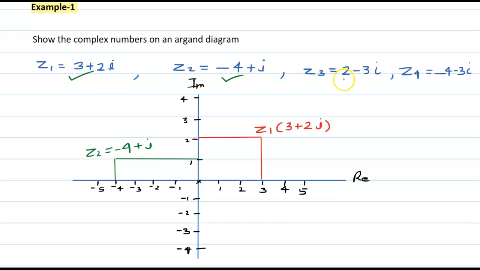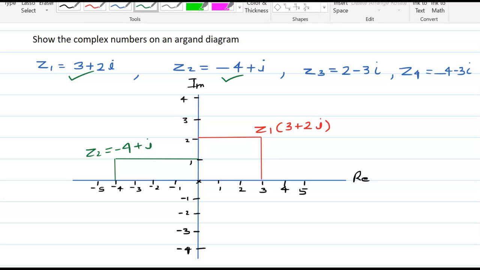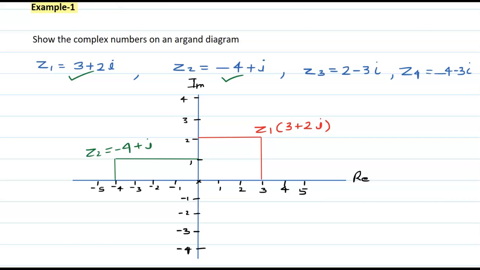Now we need to see z3 equal to 2 minus 3i. So 2 steps here and then minus 3, so you go down 3. So 2 forward and 3 down. We start from here, 2 steps and minus 3.